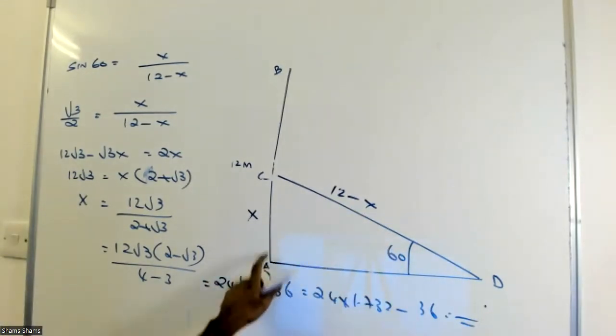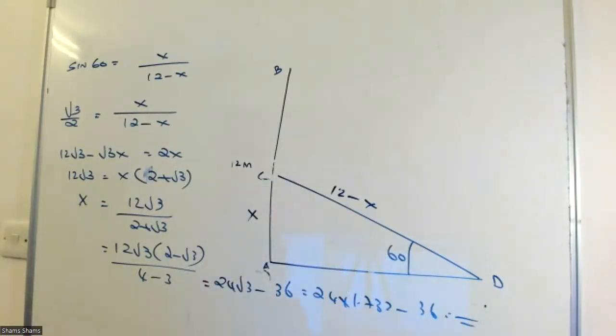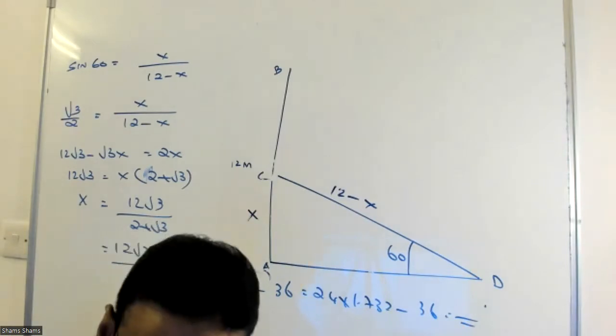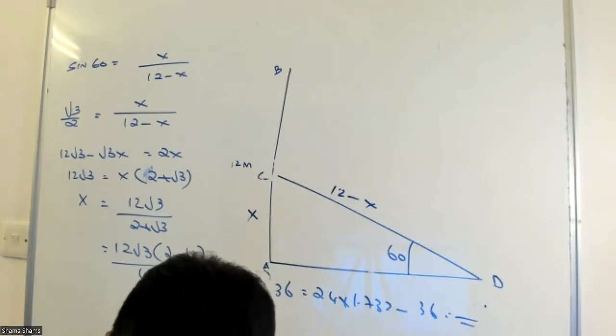Then let AC equal to x. Therefore, CD equal to 12 minus x. Like that, explain in your own words. Make a small story, don't make a big story.